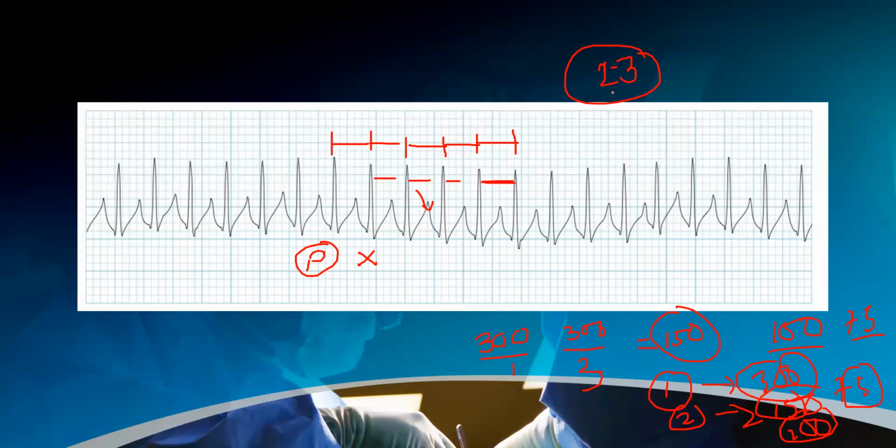If there is less than 2 small squares in the QRS complex, you can see it's only 1 small square, even smaller than that, and that's what we call a narrow QRS complex. So this patient has a narrow complex tachycardia. Narrow complex tachycardia with a regular rhythm, most of the time that's SVT.